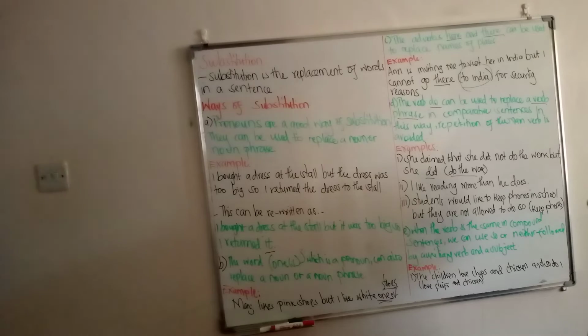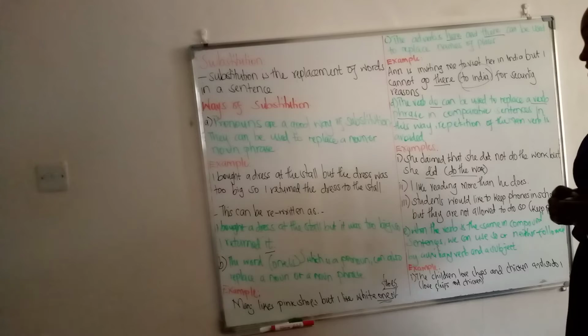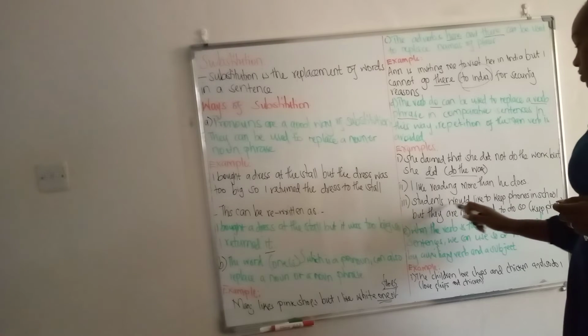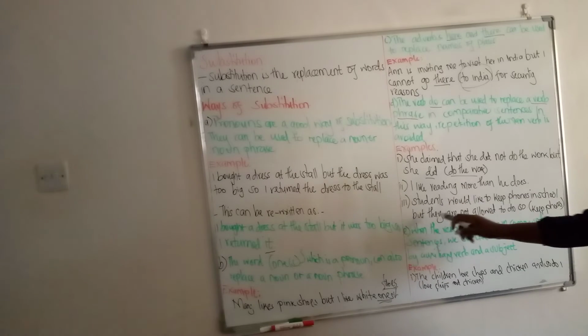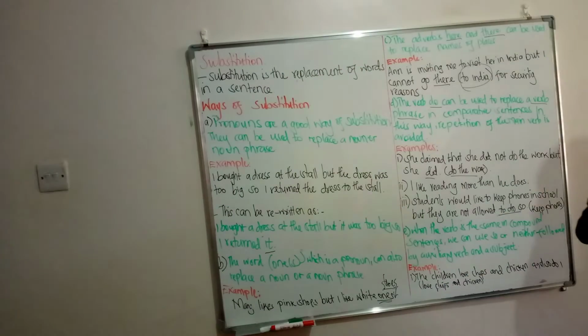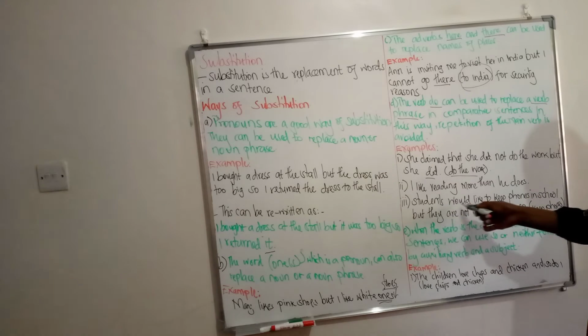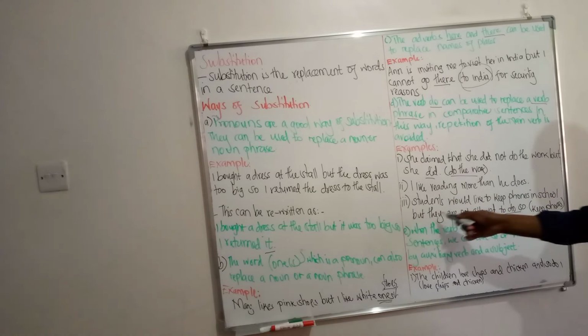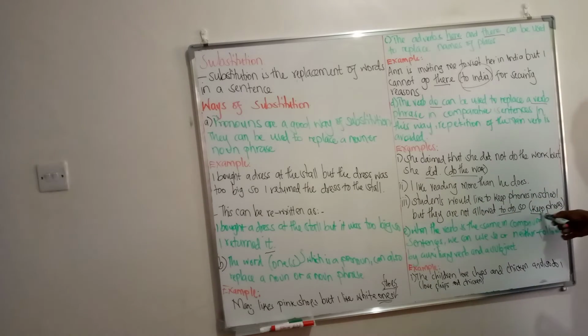Example 2, I like reading more than he does. Again, that sentence has been substituted. Number 3, students would like to keep phones in school, but they are not allowed to do so. Before the sentence was substituted or replaced, it was students would like to keep phones in school, but they were not allowed to keep phones.